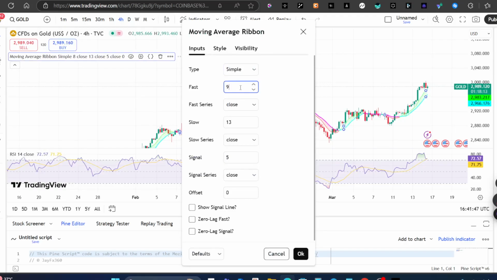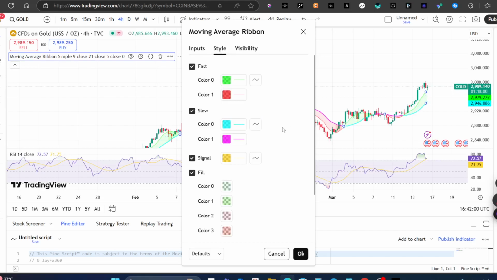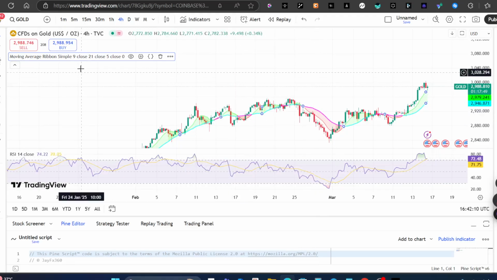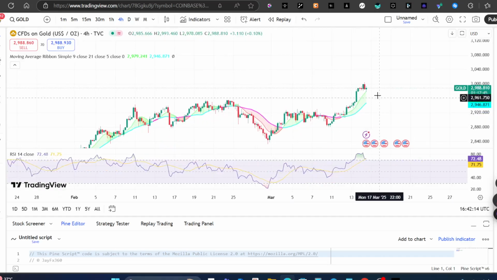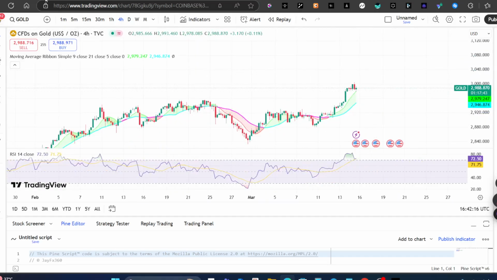So the fast SMA is going to be 9 and the slow is going to be 21. But you can actually use the moving averages separately, right? You can actually use them separately. Okay, so we have the 9 and the 21 SMAs.